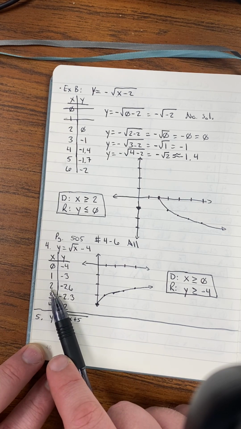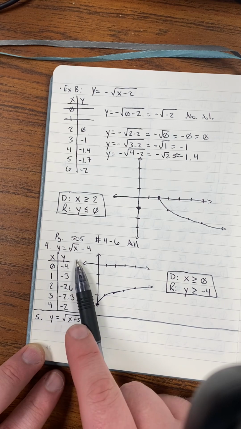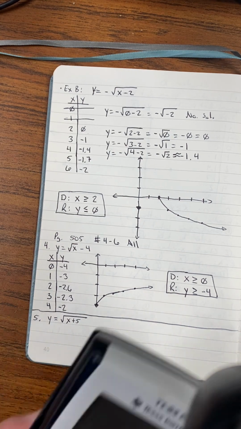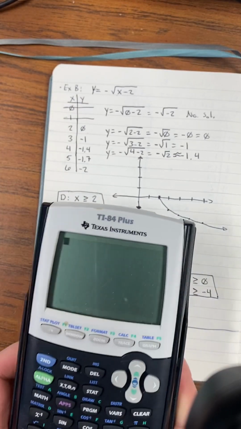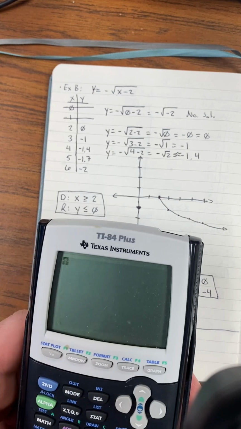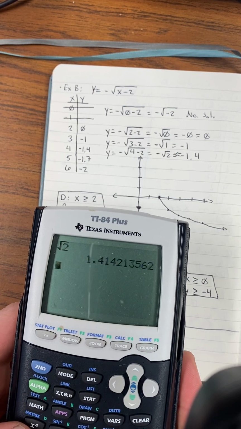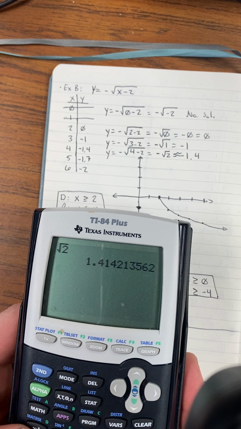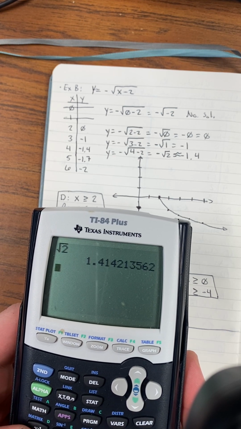Next one, though, I'm going to need my calculator. So plug in the square root of 2. We know this from the last couple problems, but the square root of 2 should be about 1.4. I'm not going to press clear on my calculator just yet.